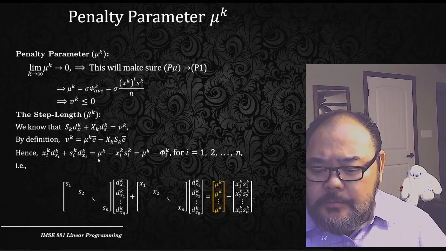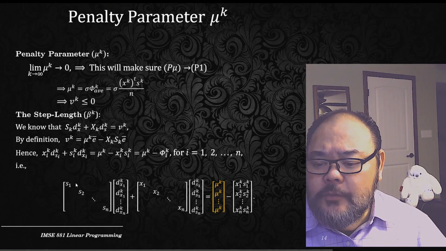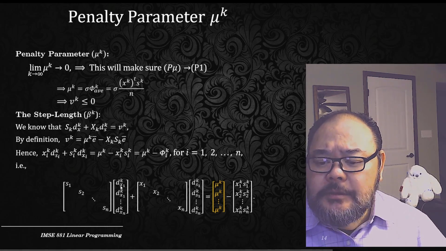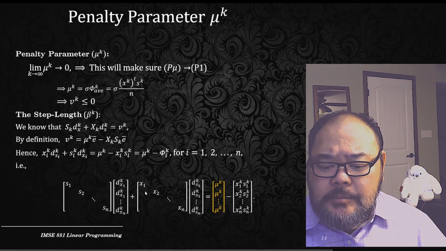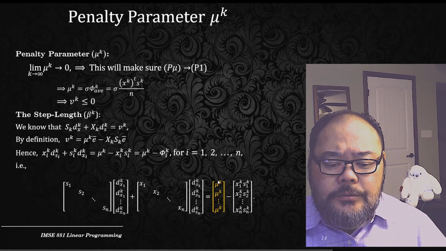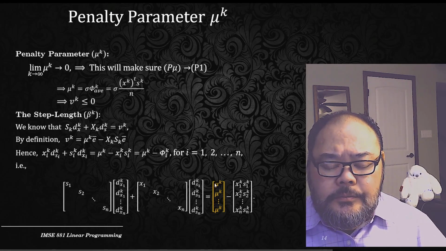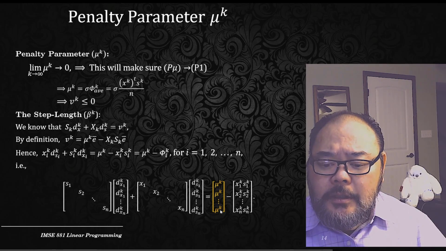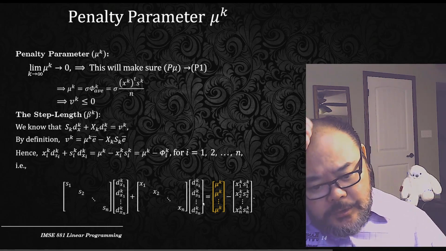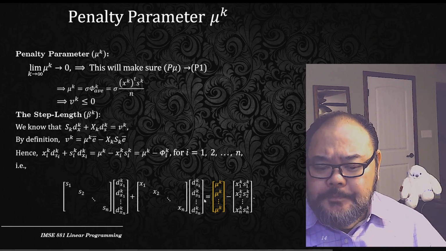If we put it into matrix format, capital Sk times dxk plus capital Xk times dsk equals mu k times e minus Xk Sk e. So this is pretty much what we have in this case.